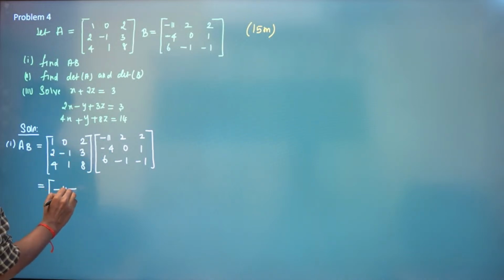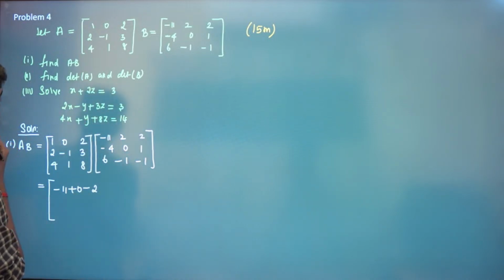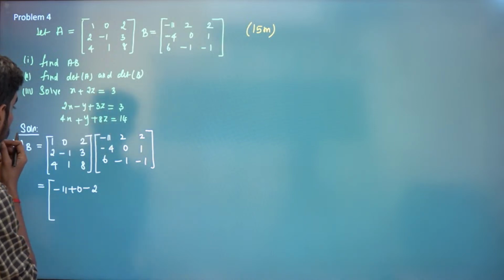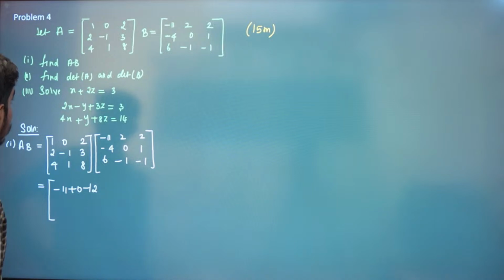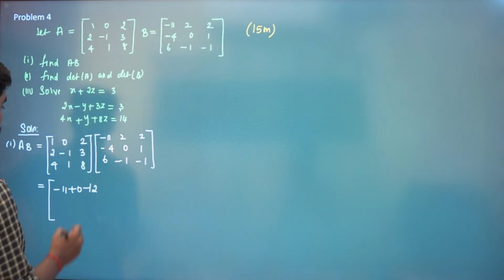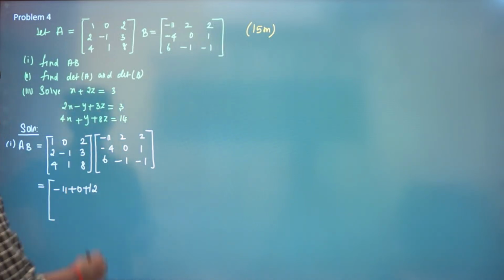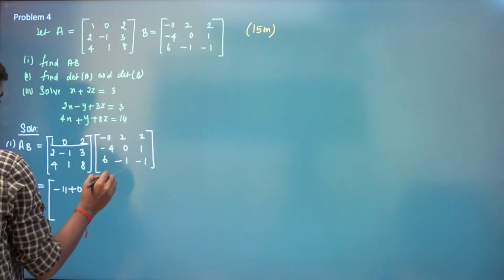Minus 11 plus 0 minus 2, minus 11 plus 0 plus 12, right? And then this with this.